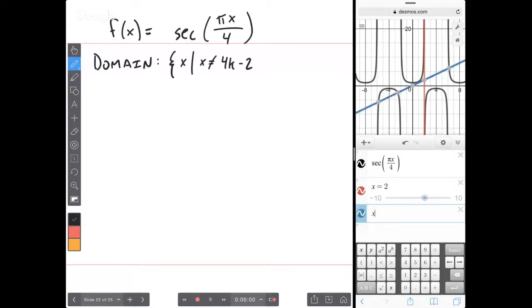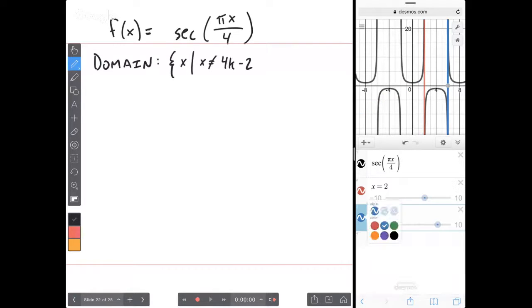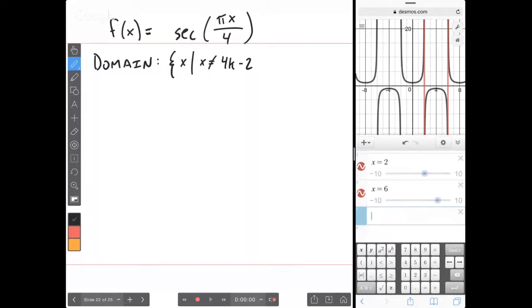Another one at x equals 6, etc. And range.